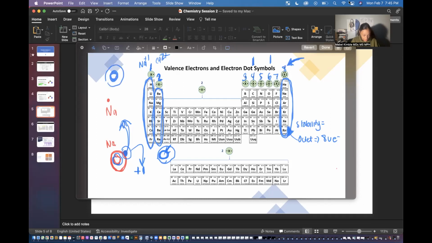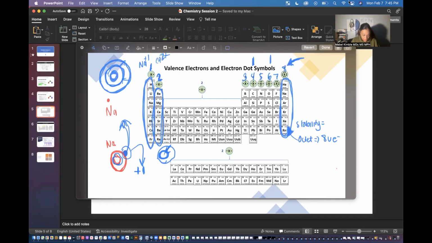And this relates to the Bohr model. We said last week that the Bohr model has these orbitals, and depending on the way an atom loses or gains electrons, it's either going to move up or down, where it's either going to emit or absorb energy, photons, right?